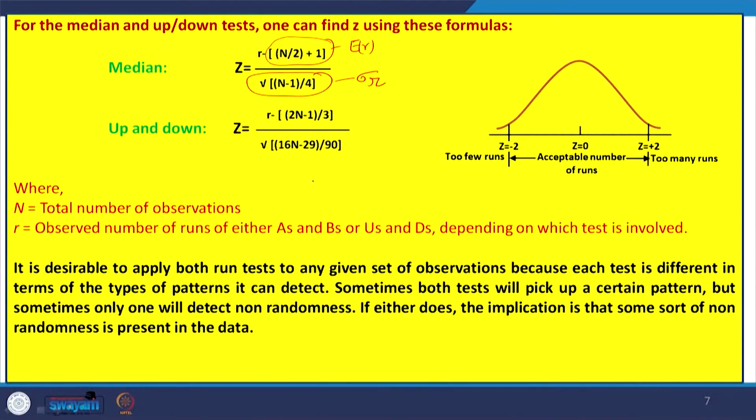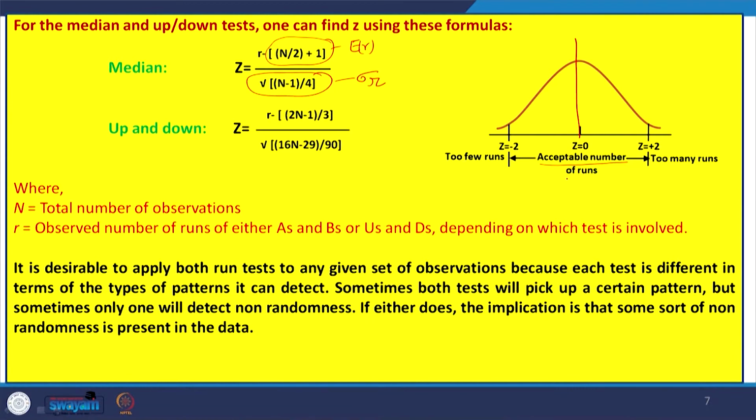Now, we have calculated the values of Z for two tests, the median and up and down test, and that is going to have this kind of normal distribution, where this is the central value, the mean value, where Z is 0. In case the observed number and the expected number of runs are equal, the value of Z will come to 0. But we have already understood that there will be some difference between the actual number and the expected number.